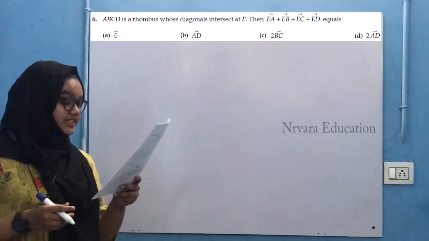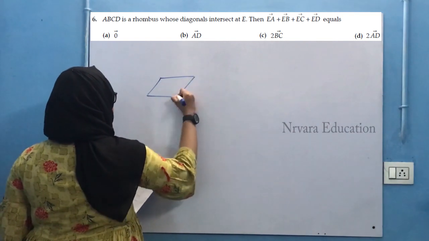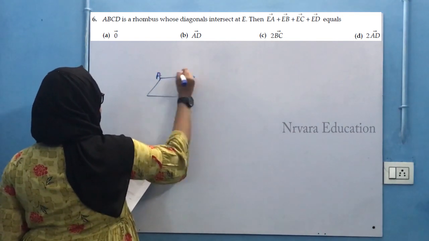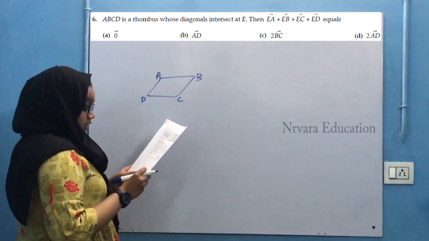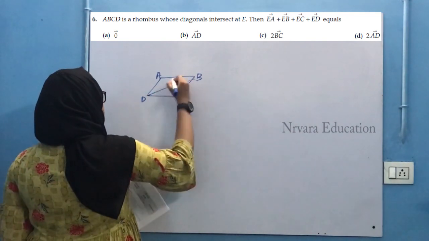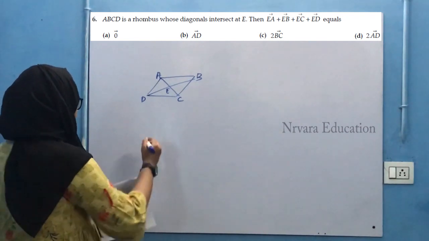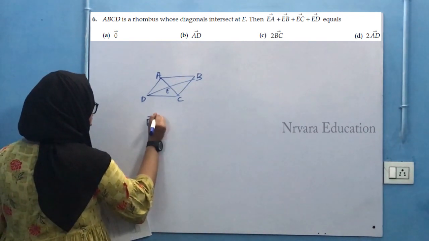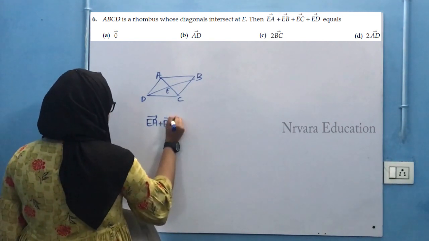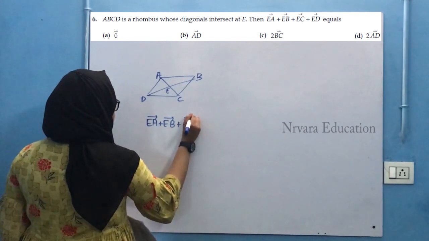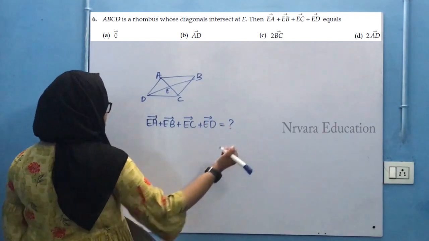In the 6th question, it's given that ABCD is a rhombus. So let's say that this is a rhombus, which is A, B, C and D, whose diagonals intersect at E. Let's say these are its diagonals and this is the point E. Then EA vector plus EB vector plus EC vector plus ED vector equals what?